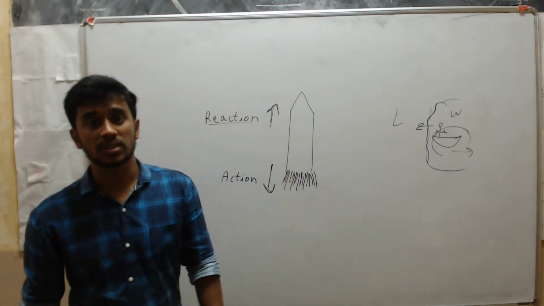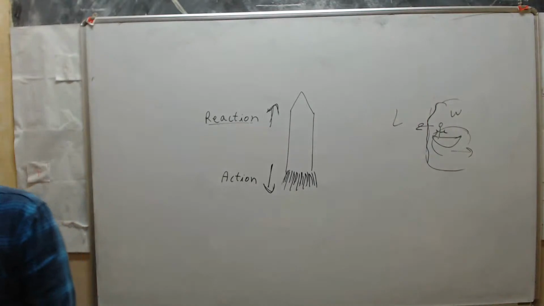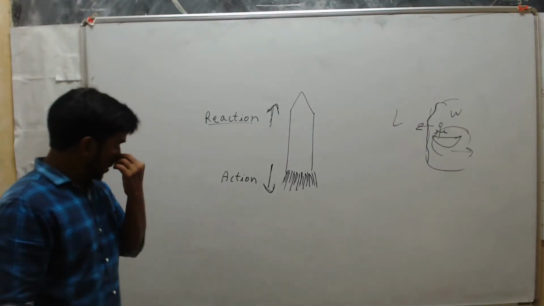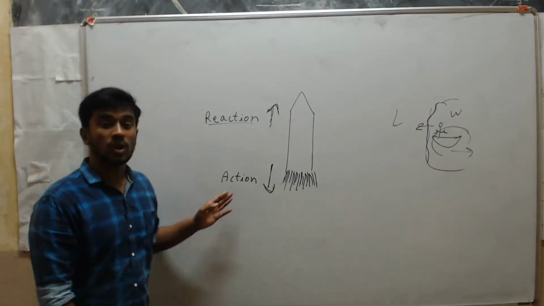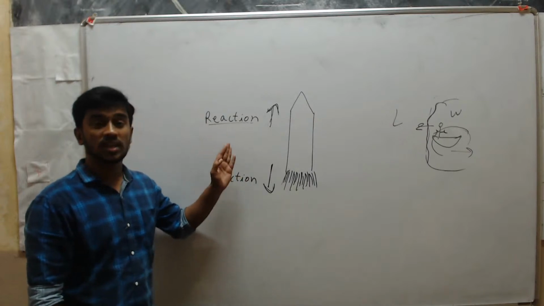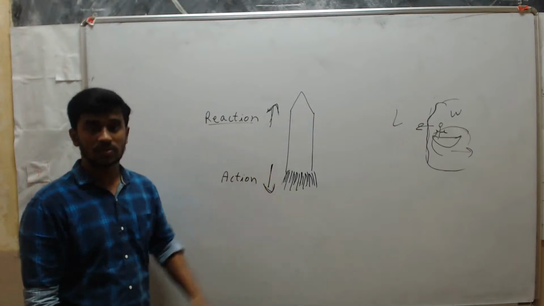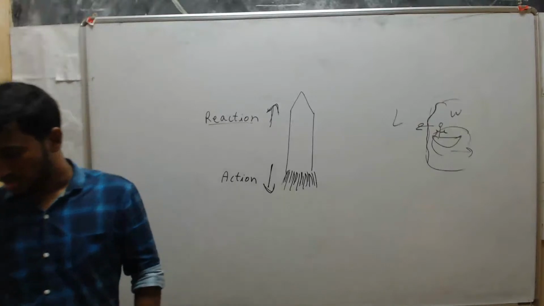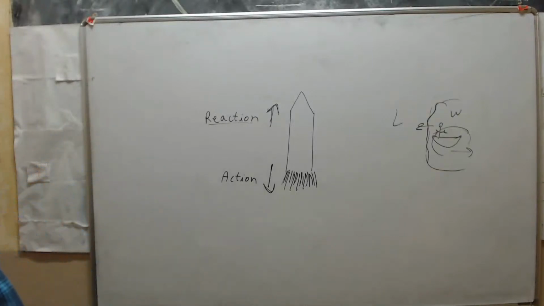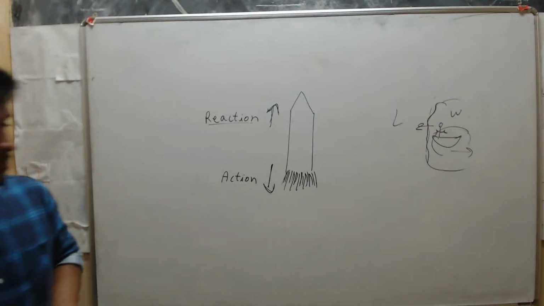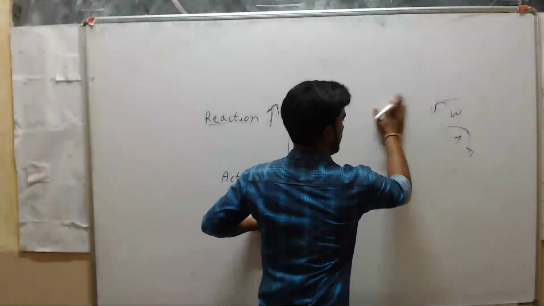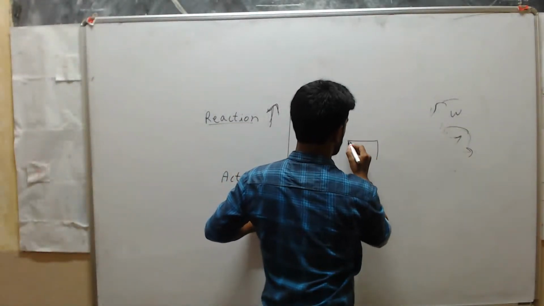This is Newton's third law of motion. It states that to every action there is an equal and opposite reaction, always. Next, take one gun example.